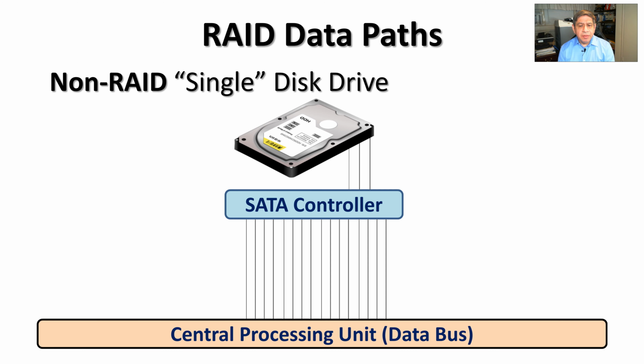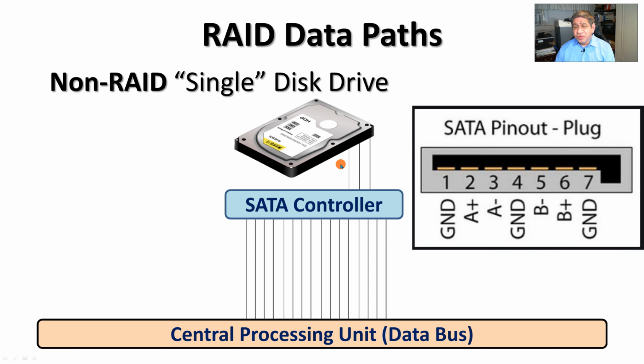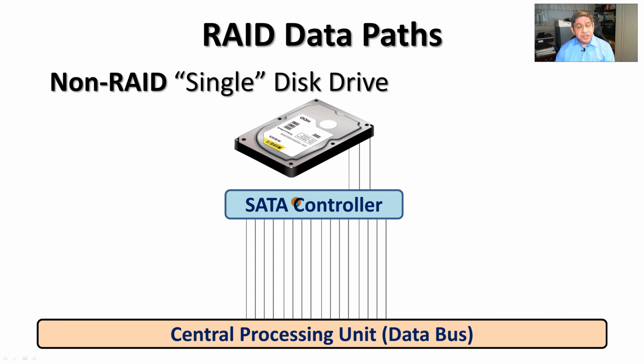Now let's look at the data paths, just to get an idea. This is getting a little bit in the weeds, but it might be helpful to some of you. For example, if you took a regular non-RAID single disk drive, how does it work? Well, it uses a SATA connector, which is only 5 wires, 2 for transmit, 2 for receive, and 1 for ground. So with those, you're going into a SATA controller.